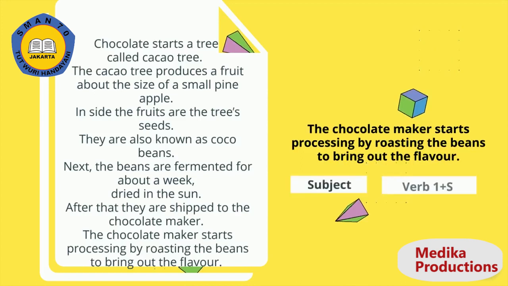We know that simple present tense is about the subject plus verb plus s or es. The chocolate maker is the subject, and starts, with s, is the verb. And we can see it shows the simple present tense in the explanation text.